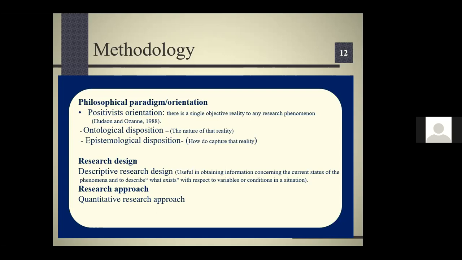But what is very important here is that the positivists believe that it's important that you start with theory, what is known, and then you build on the hypothesis. And this hypothesis should be what you're able to test. So this kind of deductive approach is what I think fits in this study, because I believe that from theory, I'll be able to build the hypothesis that I have already highlighted in the previous slide.